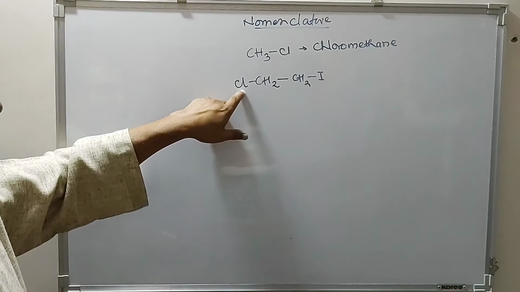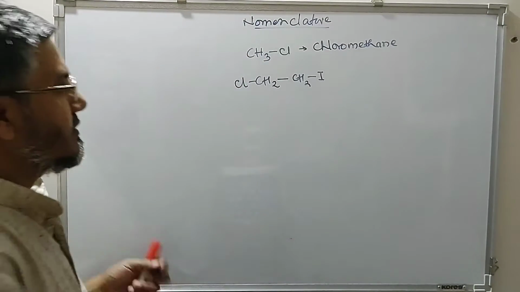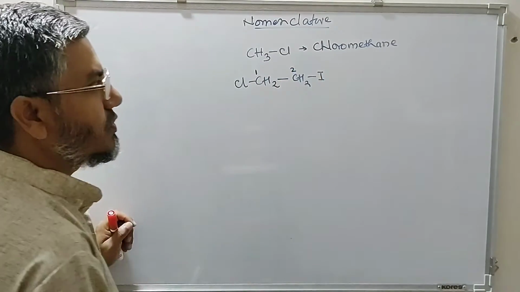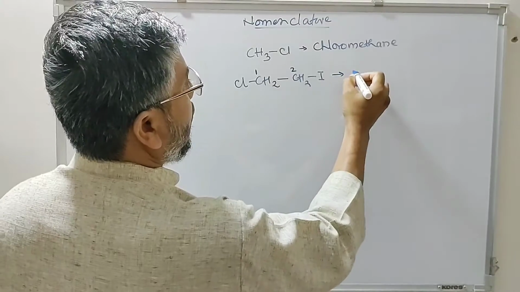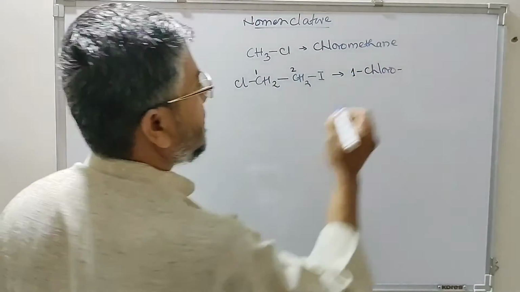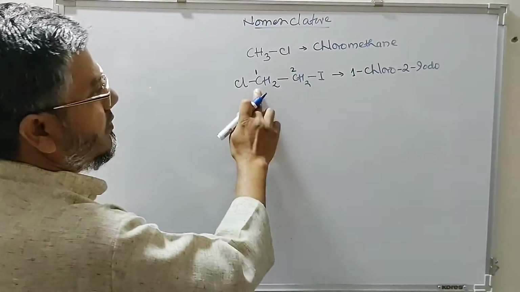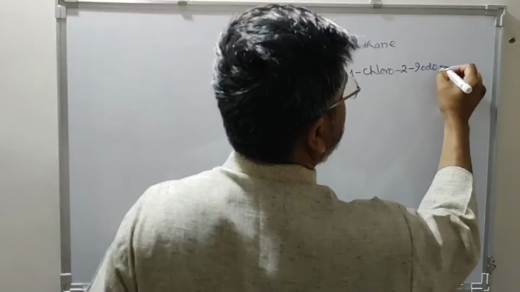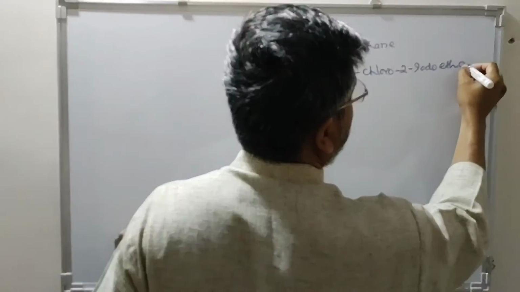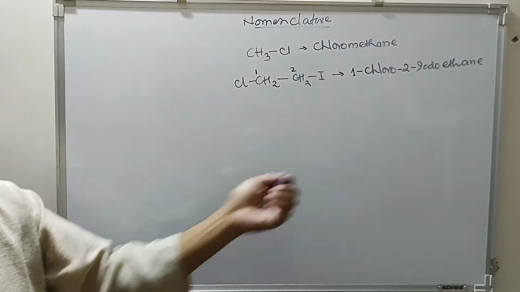This is chlorine, C, this is iodine, I. So this carbon should be named as 1, this carbon is named as 2. So look at this, 1-chloro-2-iodo. The number of carbon atoms is 2, that is eth, primary suffix is ane, ethane. So 1-chloro-2-iodoethane.